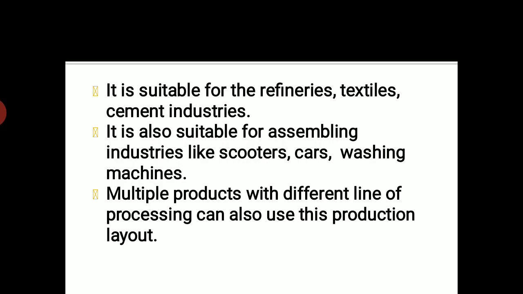It is suitable for refineries, textiles or the cement industry. It is also suitable for assembling industries like scooters, cars, washing machines, etc. Multiple products with different lines of processing can also use this product layout. That means multiple products are being produced, but at the same time you need different sets of machines.